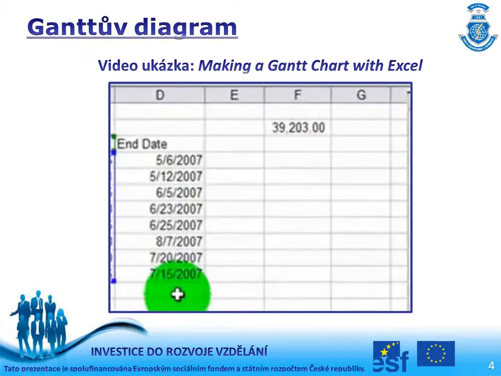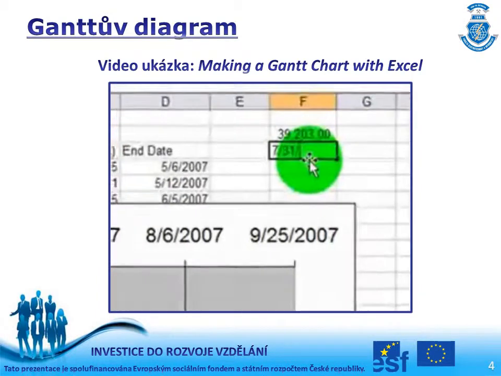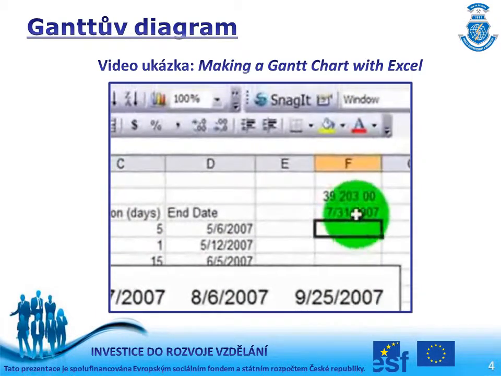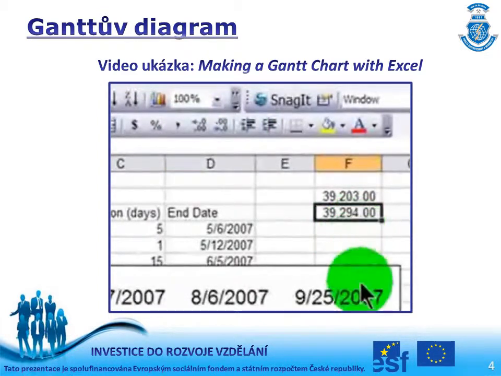Let's see, my last project ends around July 20th, so I'll say that 7/31/2007, its numeric value is 39,294.